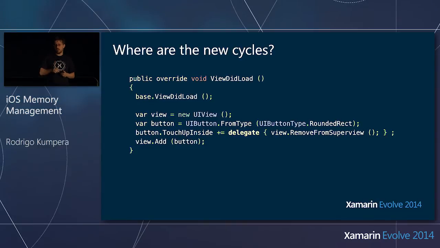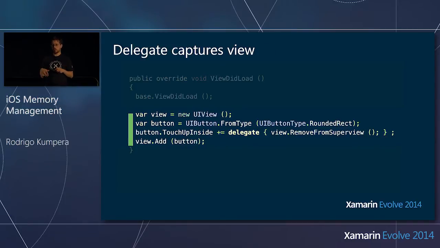And this is an example where NewRefCount will get you more cycles. Cycles in NewRefCount are slightly harder to see than in Classic. Not that they're easy anyway, but the way it goes is we're creating a view, we're adding a button to that view, and we're setting up an event handler here for this view.